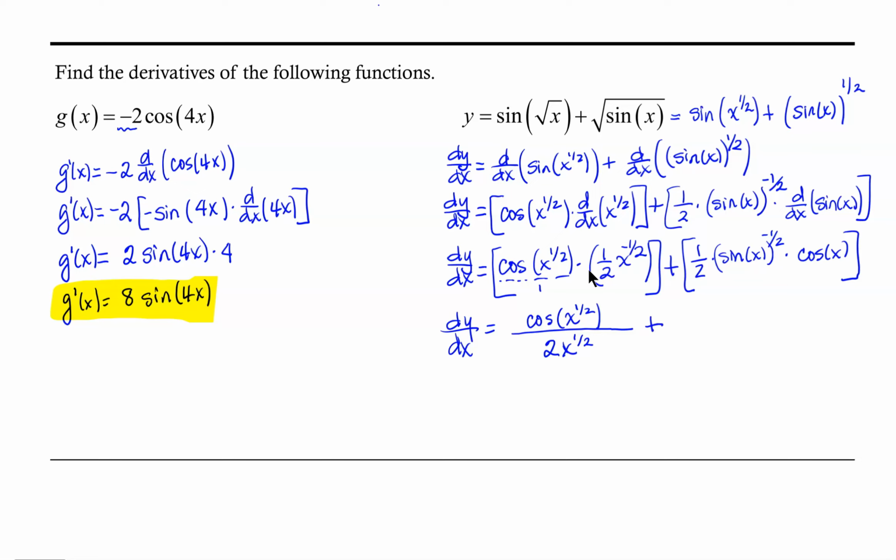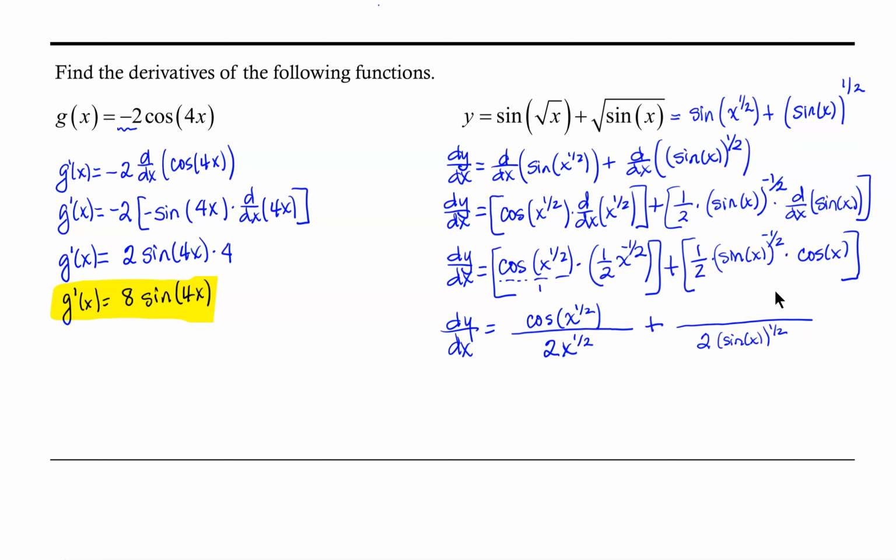Plus, now moving on to our second term, again, we have a 2 in the denominator, and we have this negative 1/2 exponent. So this sine of x to the negative 1/2 power will also move to the denominator. So we will have 2 times sine of x to the 1/2 power, or you could write square root of x.